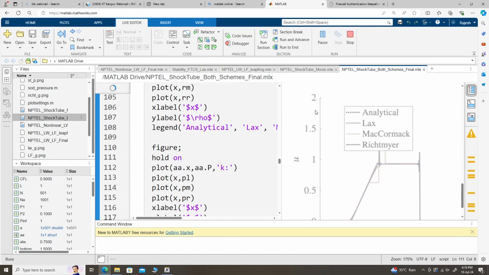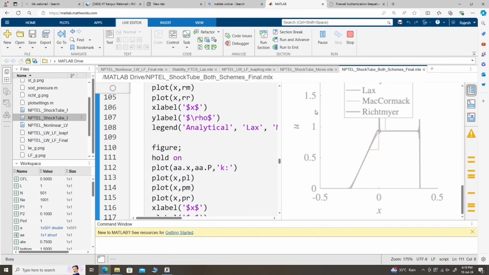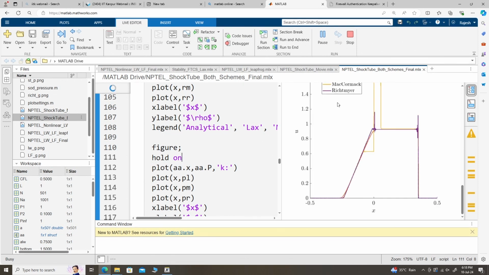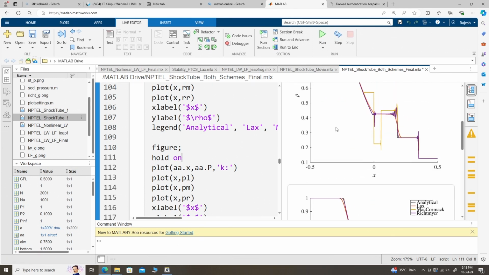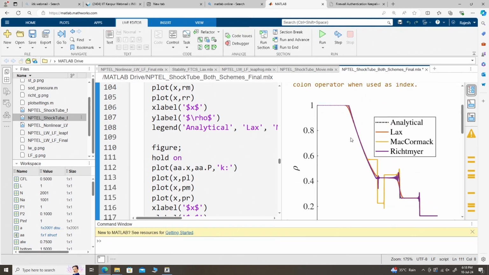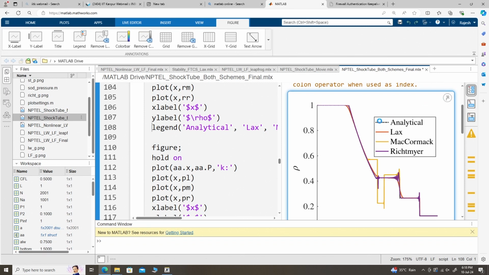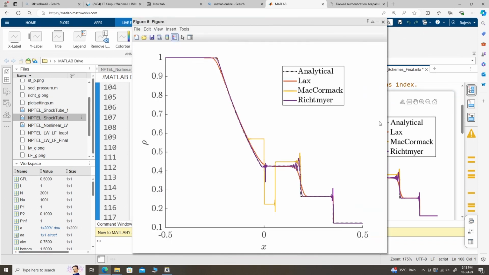So let me run it again. Yeah. So let us look at the density first. You can see here, I have plotted the analytical results also.